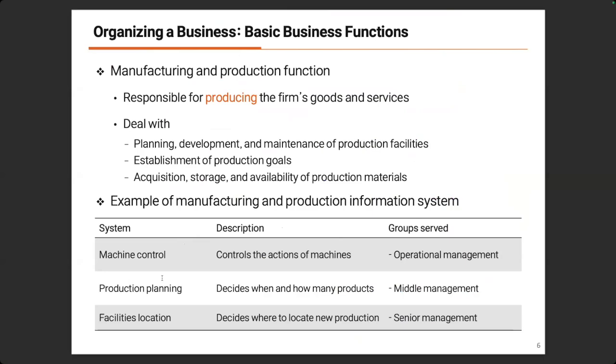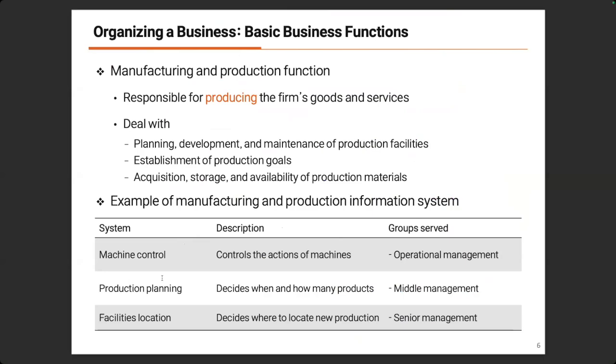And there is the facilities locations system. It decides where to locate new production or whether to invest in new manufacturing technology or facilities. This kind of information system is used by the senior management. They have to establish long-term plans and strategies.